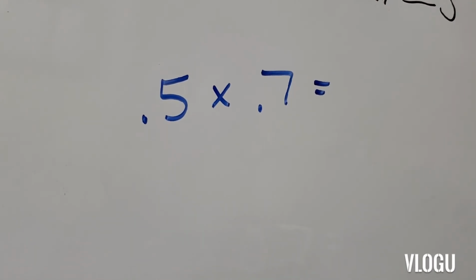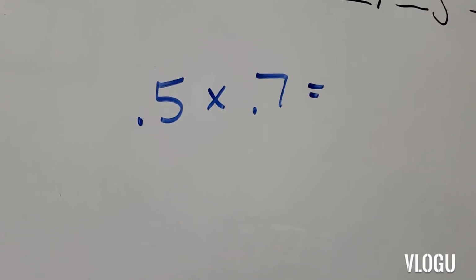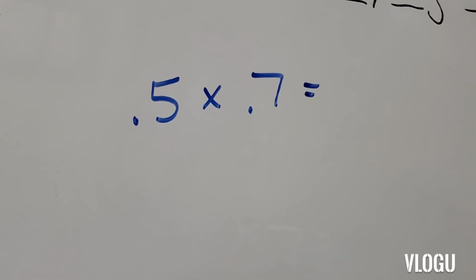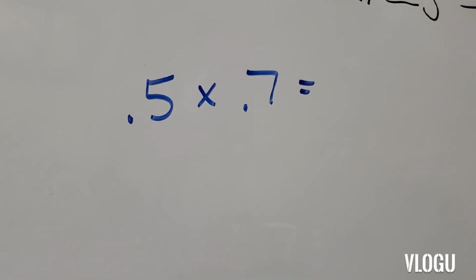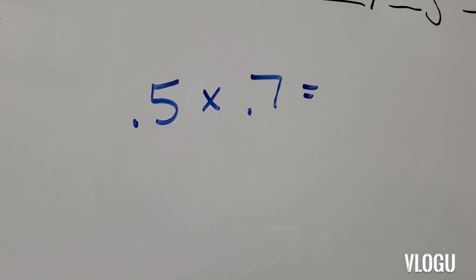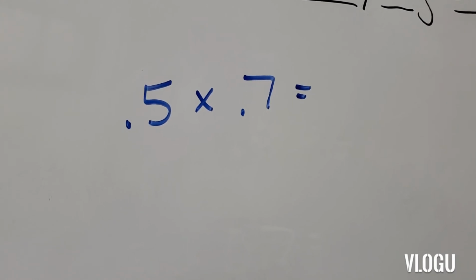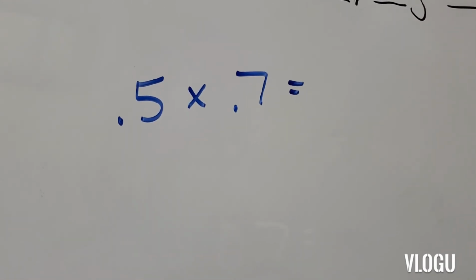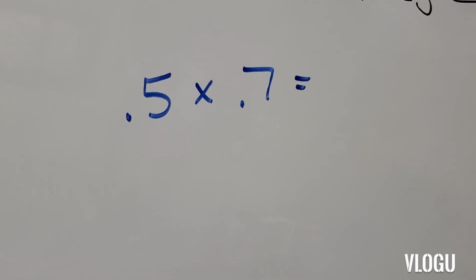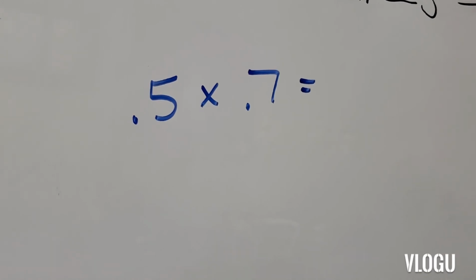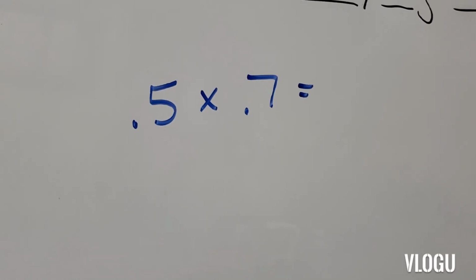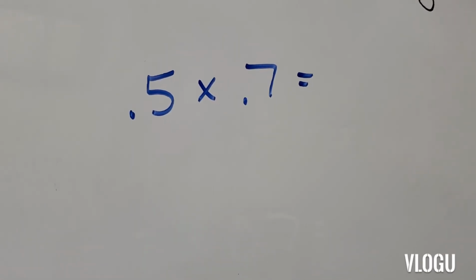7/10. Well, when I think about my math facts, I don't know that I really know my 5/10 facts very well, and I don't know that I could name my 7/10 facts very well either. But I do know my 5 facts, and I do know my 7 facts. So I am going to slide the decimal out of the way and make this math easier.